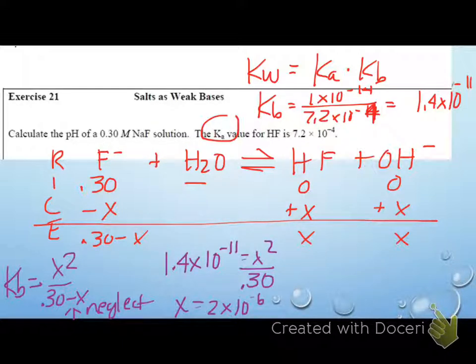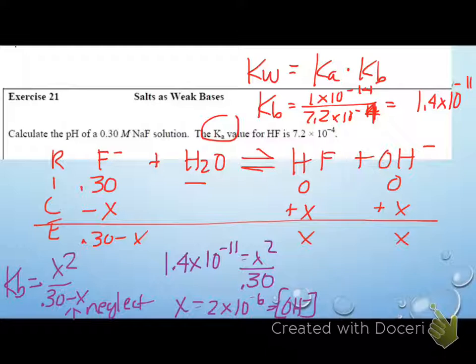But remember, what concentration is that? That's OH, so make sure you write that it's equal to the OH concentration. I want to make sure everybody has that because I'm going to have to erase, since I don't have any more room to write.